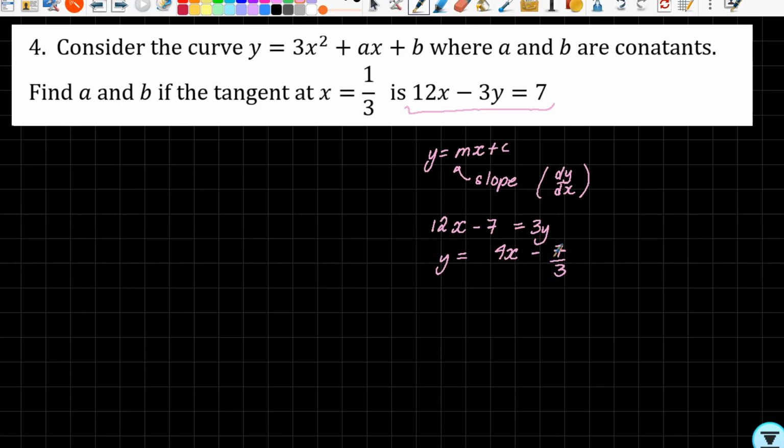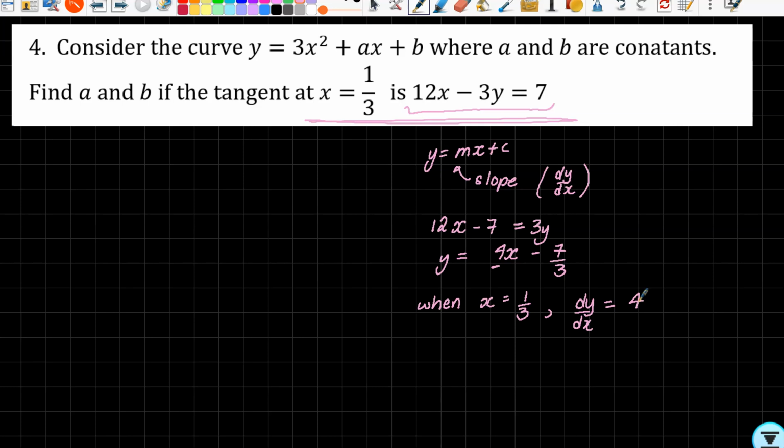So in other words, from all of this, this is saying when x equals 1/3, dy by dx has to equal 4. That is your slope. Okay, so let's crack on to that.